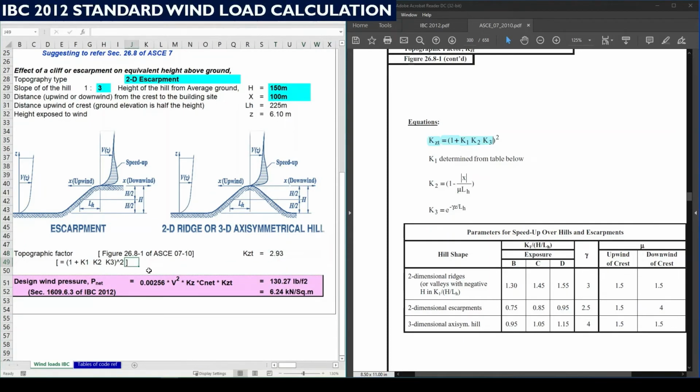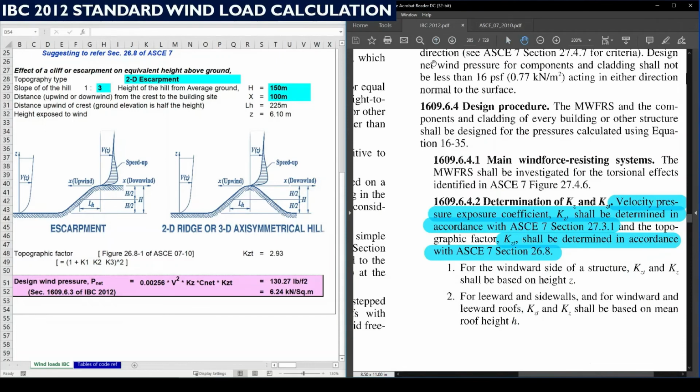And finally, we are going to calculate the design wind pressure P net. This is as per section 1609.6.3 of IBC 2012. For that, page number 385 of IBC 2012 is to be referred.